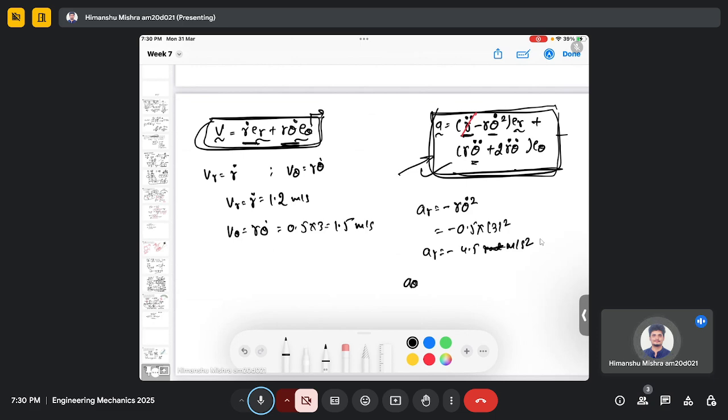And a_theta is r theta double dot plus 2 r dot theta dot. My theta double dot is 0, so this will be 0. So this is 2 r dot theta dot.